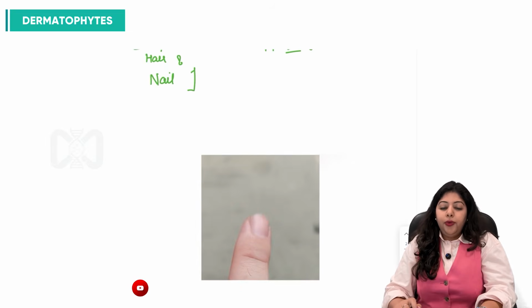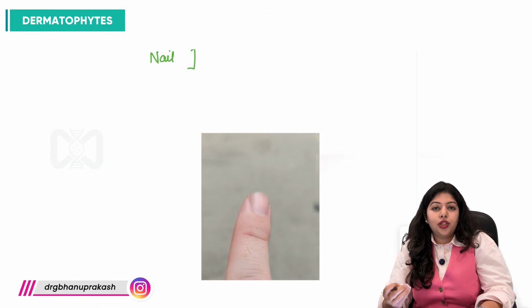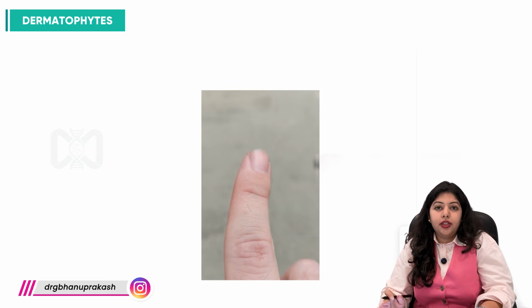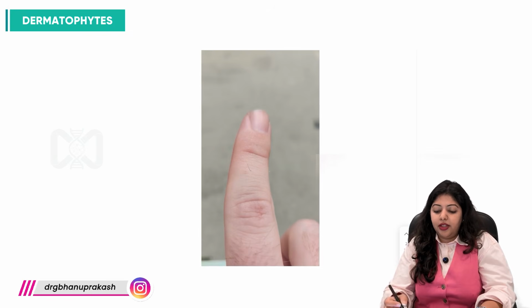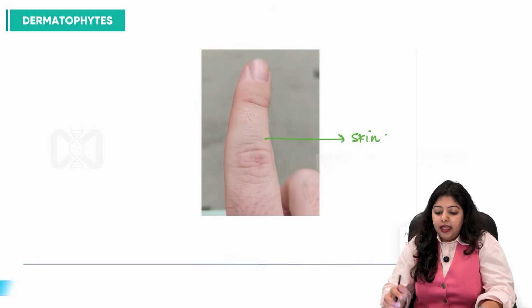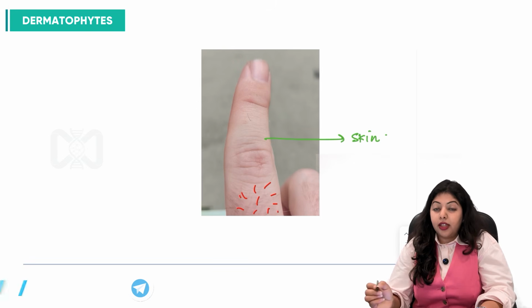So in order to remember what structure is involved in which type of dermatophyte infection, I have learned it this way, so it makes it very easy for you. Firstly, we have the skin, right? Secondly, can you appreciate these small minute hair follicles which are present on the skin?